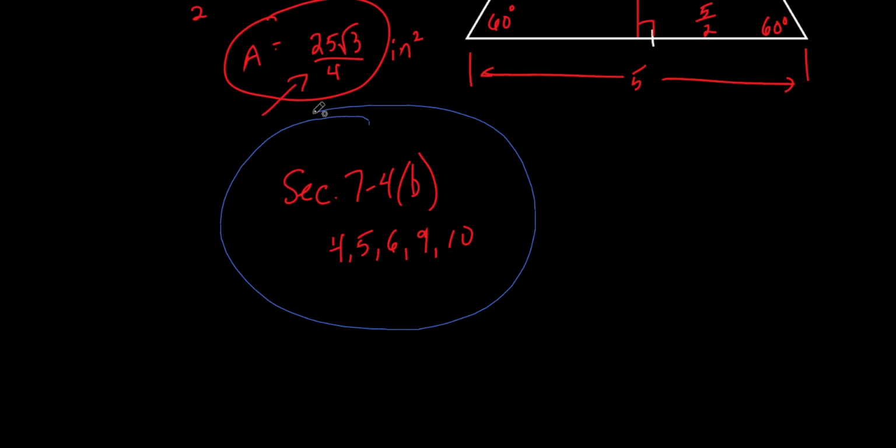All right? These right here are all 30, 60, 90 triangles, okay? They're all 30, 60, 90s. I will collect the part A tomorrow. I'm going to collect them all at once. We're going to go over them together all at once. So have both of those done for tomorrow.